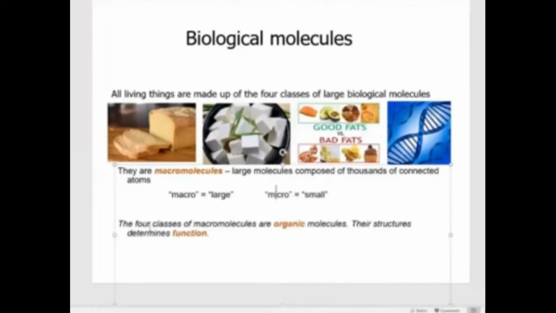These four classes of macromolecules, the larger molecules, are all organic molecules. If you remember, organic molecules have neighboring carbons forming covalent bonds. There's one exception, and that's methane, CH4. It doesn't have two carbons forming a covalent bond, but that's just an exception.